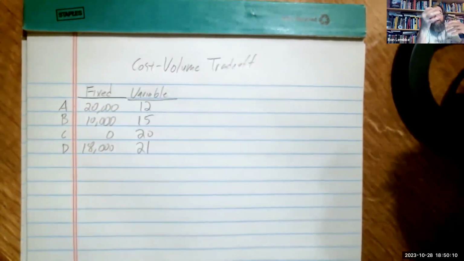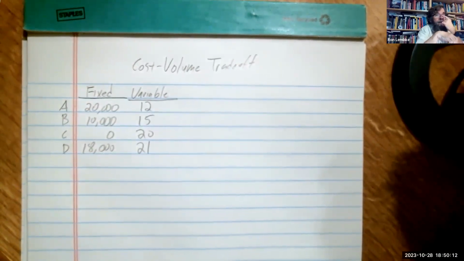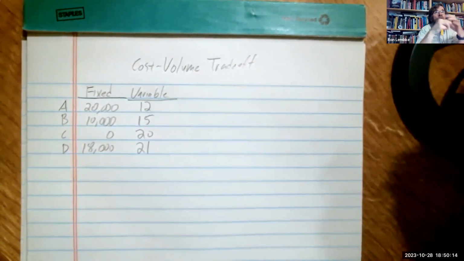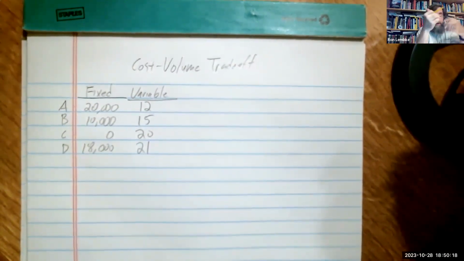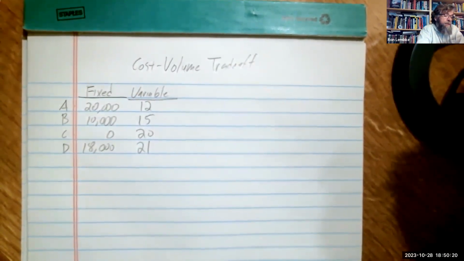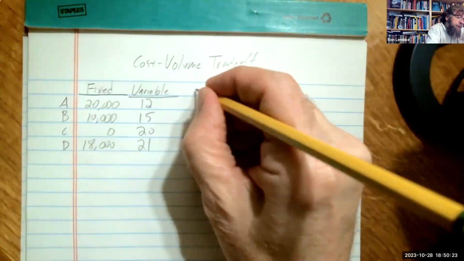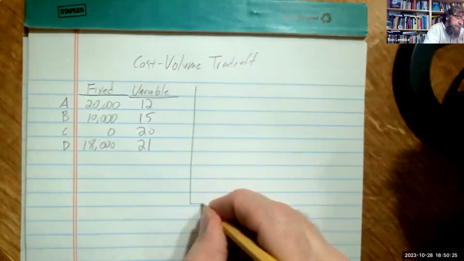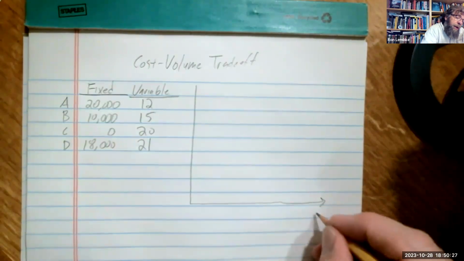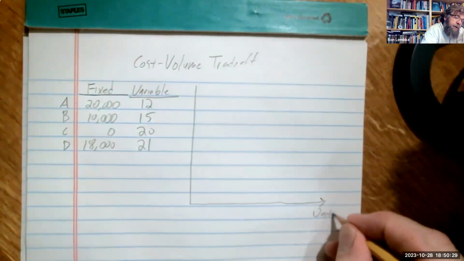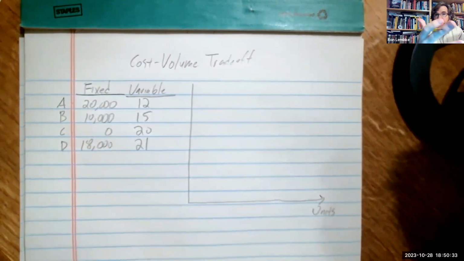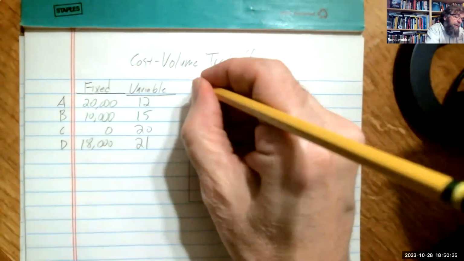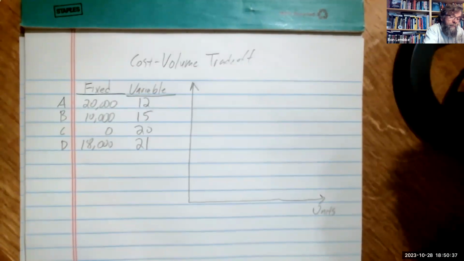And we want to come up with a little decision list so that we know, if I need 1,000 units, I should use whatever it is I should use. So here's how we're going to go about this. We're going to make a little graph here, and across the horizontal axis, we'll be increasing the number of units that we are buying.